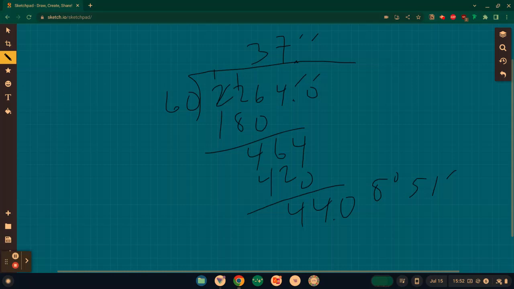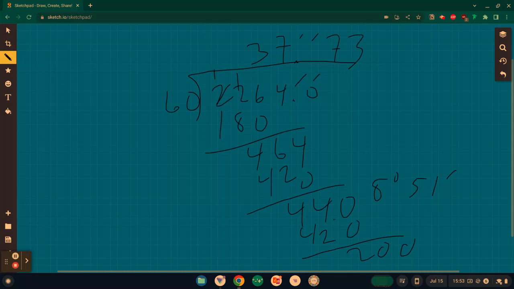And we can say 60 goes into 440. That is 7 times. So we get 0.7. 7 times 0 is 0. 7 times 6 is 42. That gives us 20. We can add another 0, and that gives us 6. That goes in 3 times. So we get 37.73.